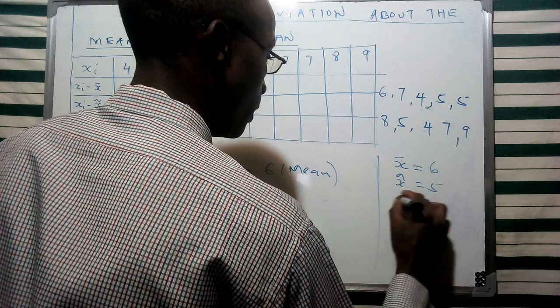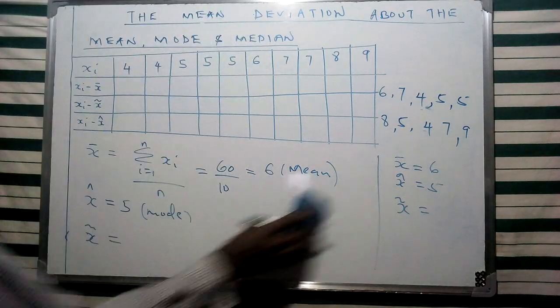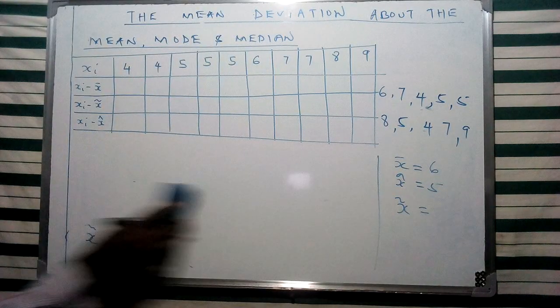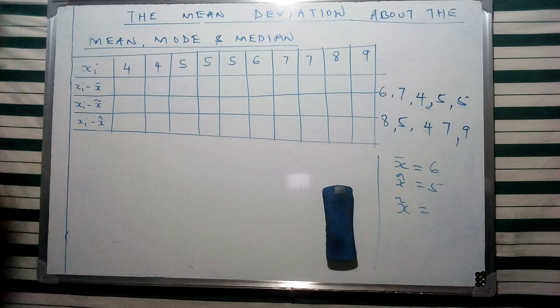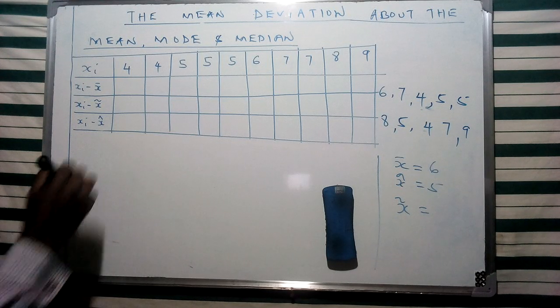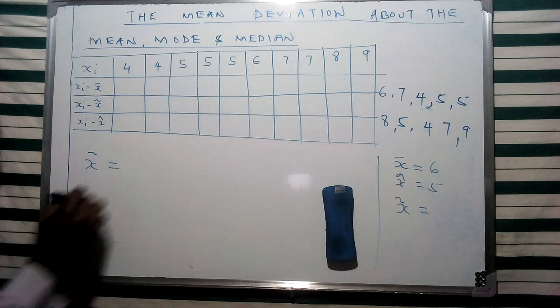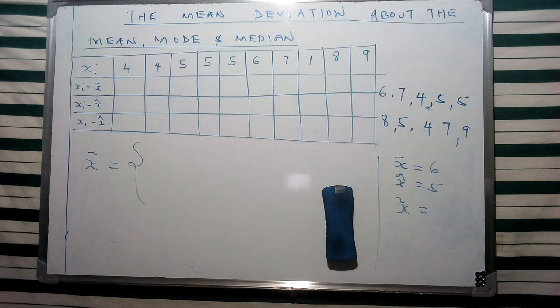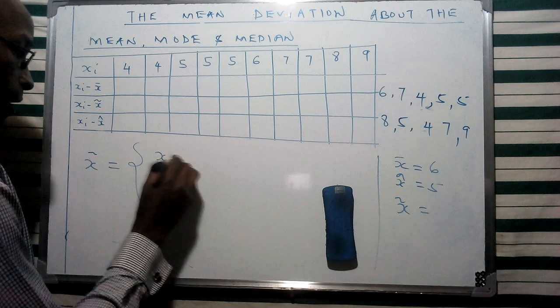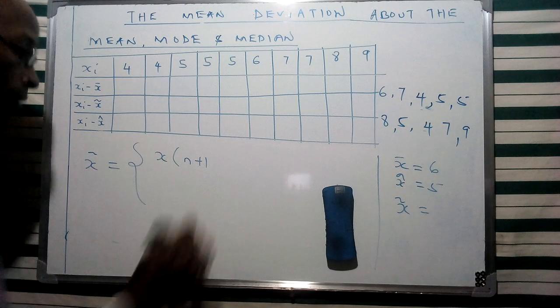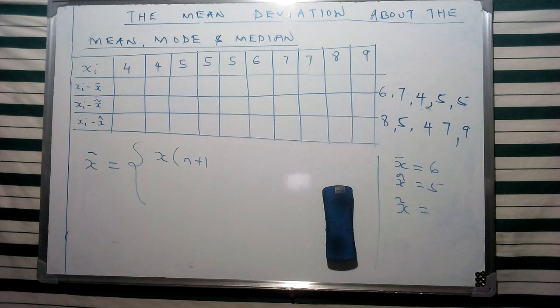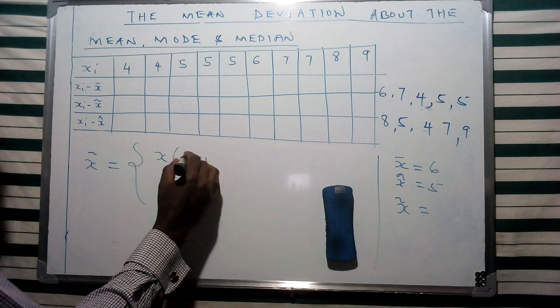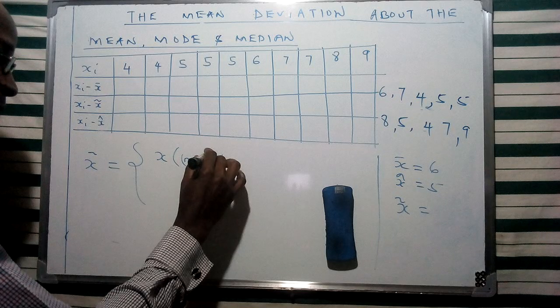So we shall evaluate the median using a particular formula which we had discussed in our previous video, whereby we can find the median for ungrouped data in terms of this formula, given in 2 sets. In case the value of n is odd, we shall have x of (n plus 1) divided by 2.